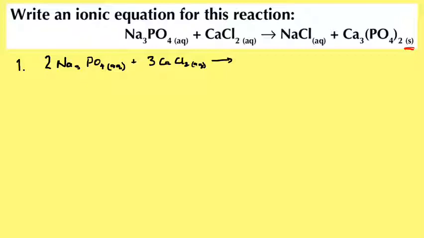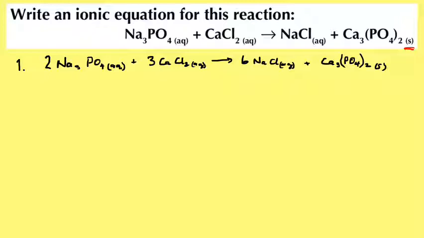They react together. They're going to give you 6 moles of sodium chloride, alongside 1 mole of calcium phosphate. Solid.